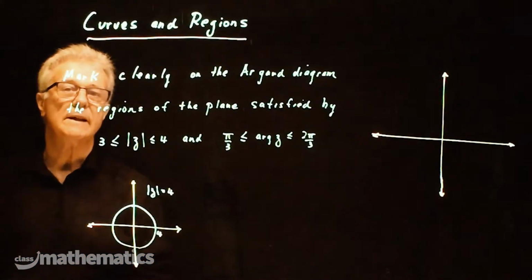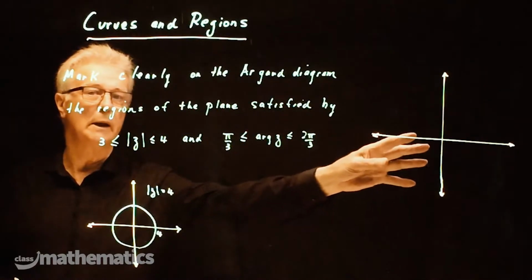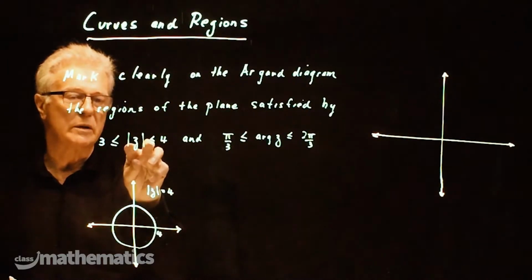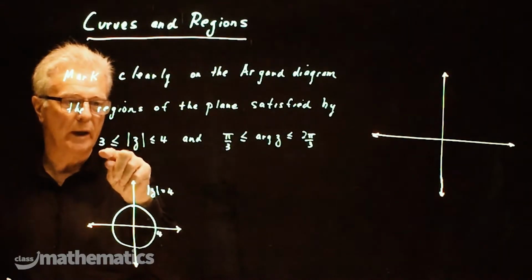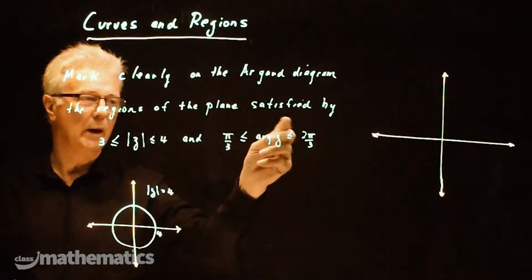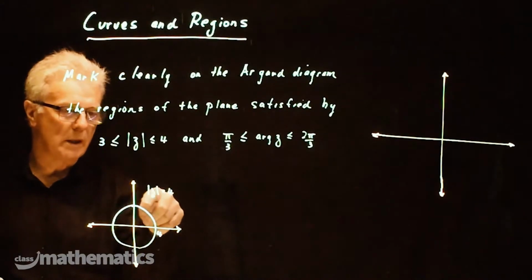Now in this next example, we're going to mark clearly on the Argand diagram, over here, the regions of the plane satisfied by the modulus of z lying between 3 and 4, and arg of z lying between pi upon 3 and 2 pi upon 3. Just go back over what this means.